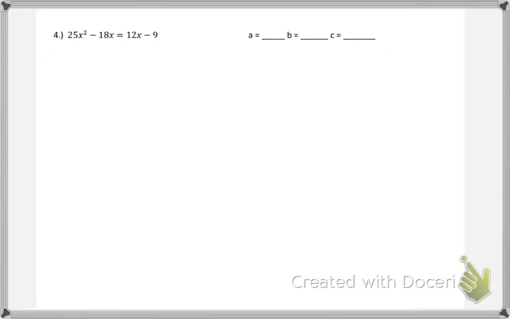Okay, looks complicated, but remember our first step is to change it to standard form by moving everything to one side and setting the equation equal to 0. So we're going to do this one together because this one, the answer is a little interesting. When I'm minus 12x, I'm going to move everything to the left. So that's going to give me 25x squared. And then that's going to give me negative 30x equals negative 9.